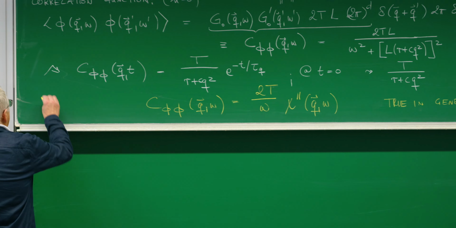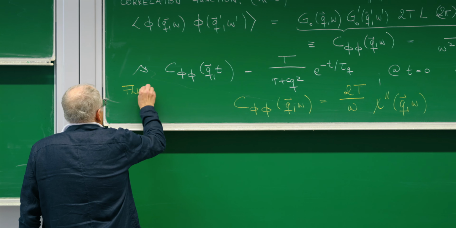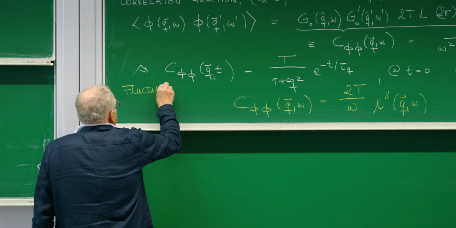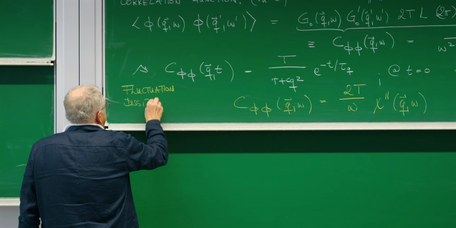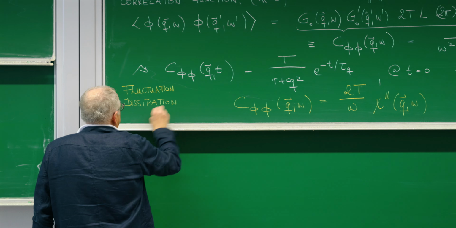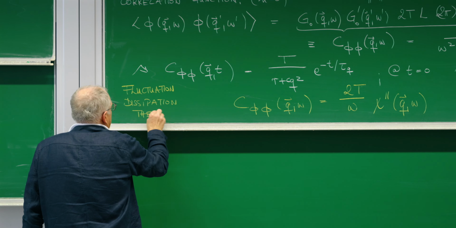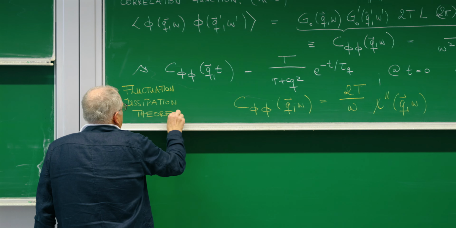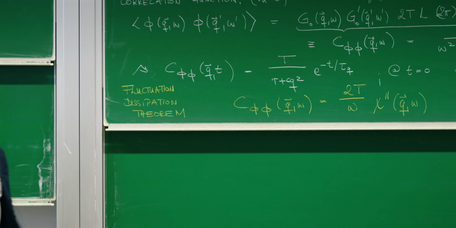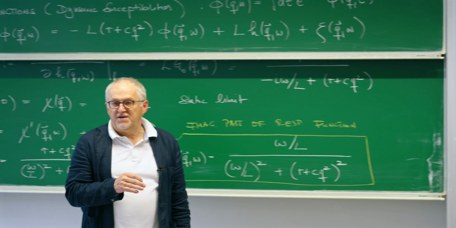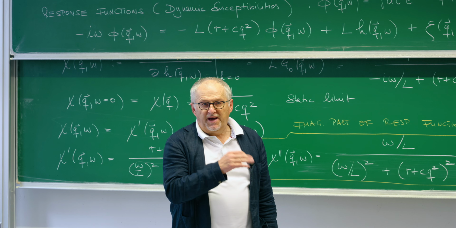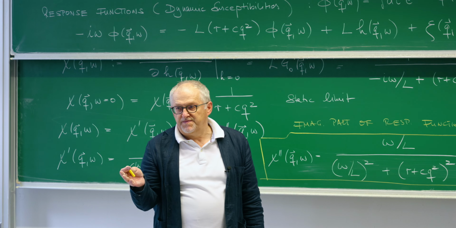This is also called a fluctuation dissipation theorem. And ultimately, this fluctuation dissipation theorem has the same origin as n equals 2LT.